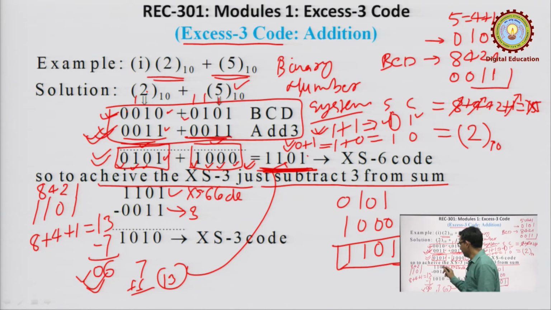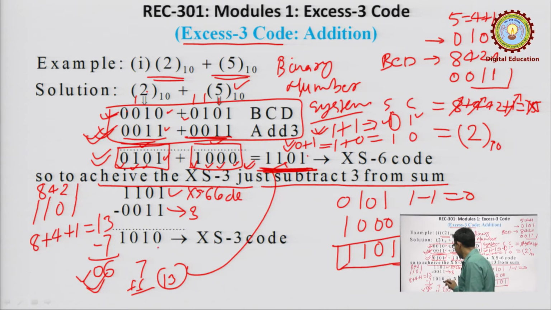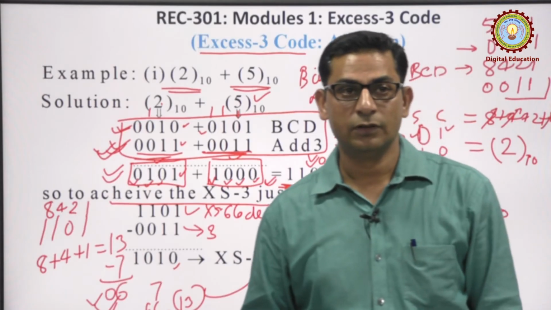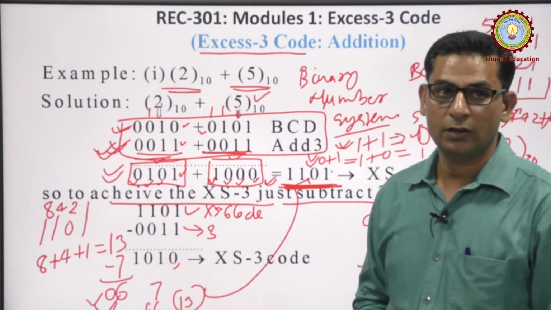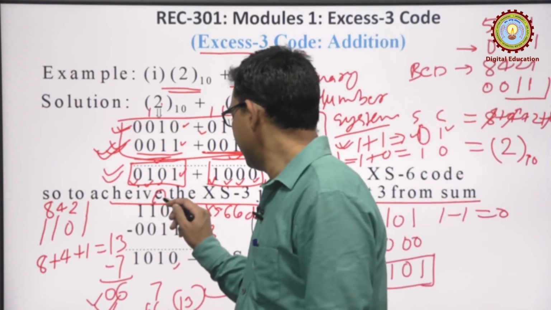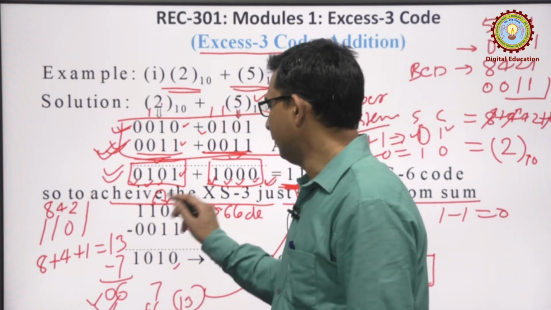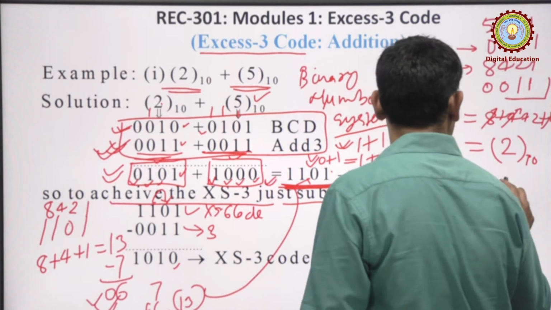So, we will subtract 1 minus 1, we know for the binary number 1 minus 1 is equal to 0. Okay. So, we get the 0 here, this is 0, and if you want to subtract 1 from 0, that is not possible. So, to make it possible, we have to take a borrow from here. Okay. So, we get the borrow from here, and the borrow will be 2 to the power.